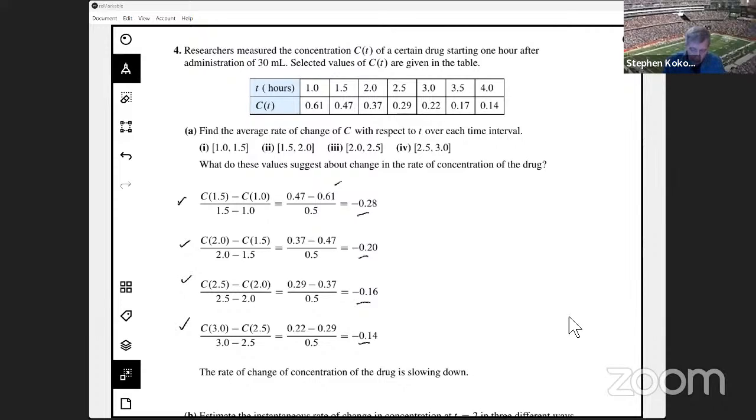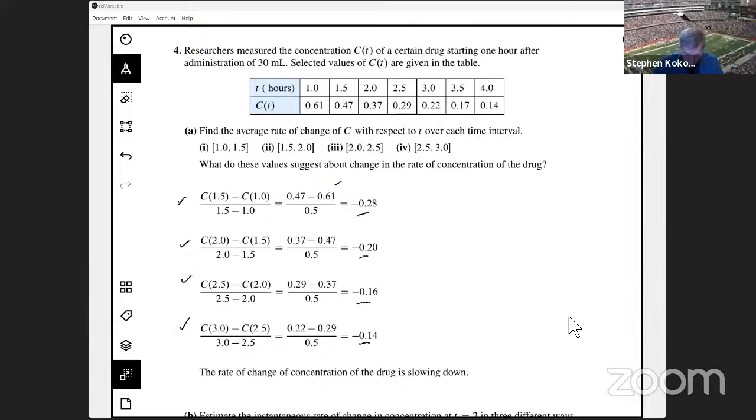How do you interpret this? I didn't include any units here, so how do you interpret this? Well, I think the best that I can do, and Tom and I talked a little bit about this, is that the rate of change of concentration of this drug seems to be slowing down as t increases. And that's about the best that I can do here.